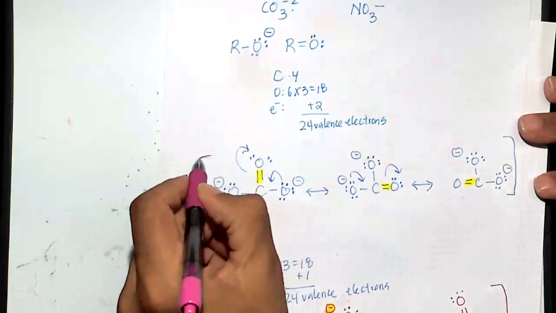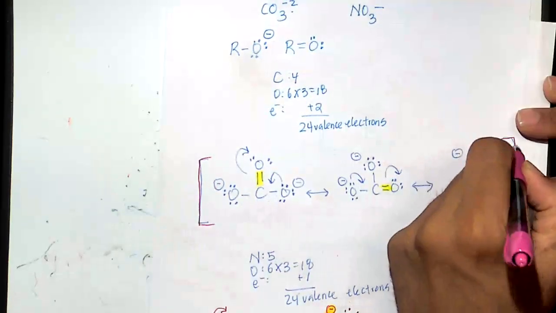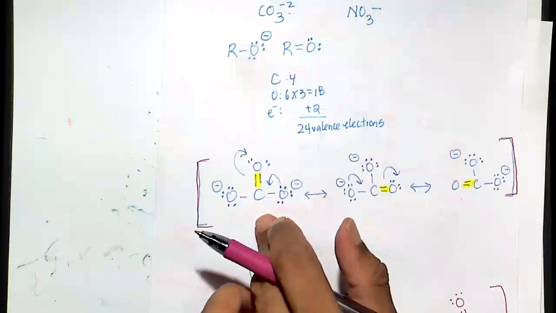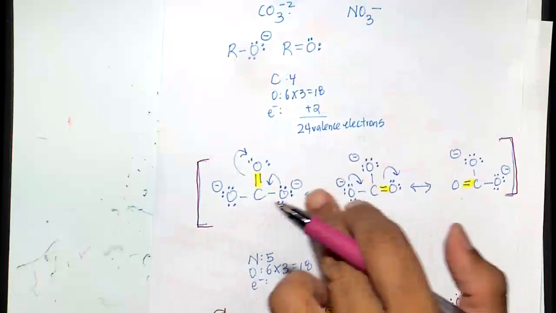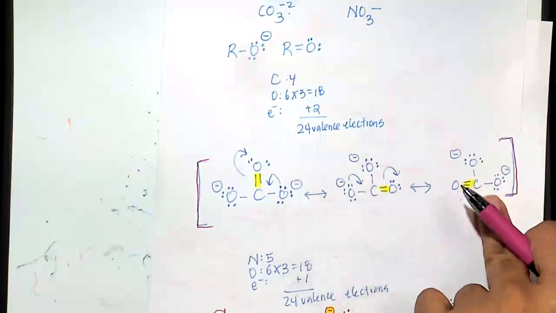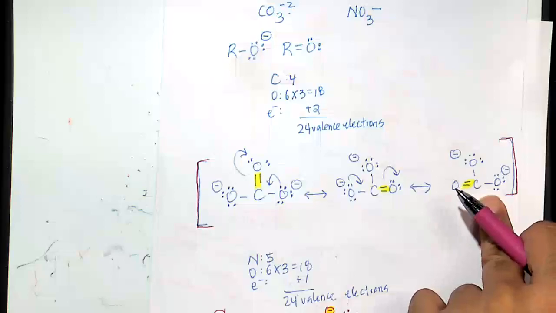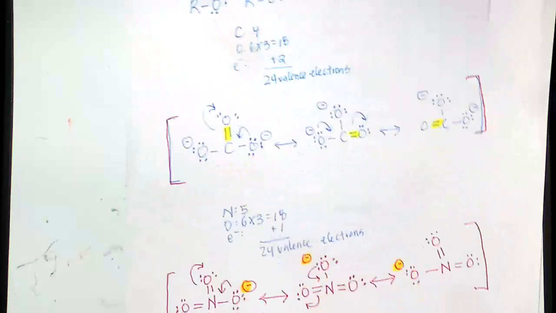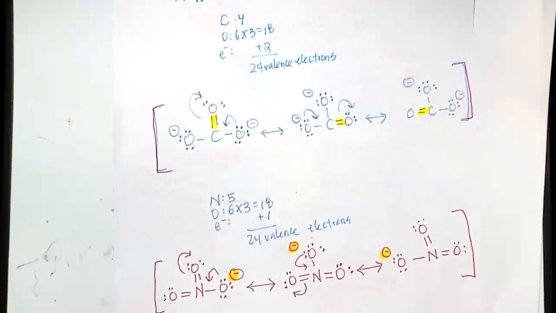I would prefer if you write the brackets and the back and forth arrows, because you can't just get away with one structure in the resonance. This is just as equal and valid as this, which is just as equal and valid as this. So you want to do that whether it's carbonate or nitrate.